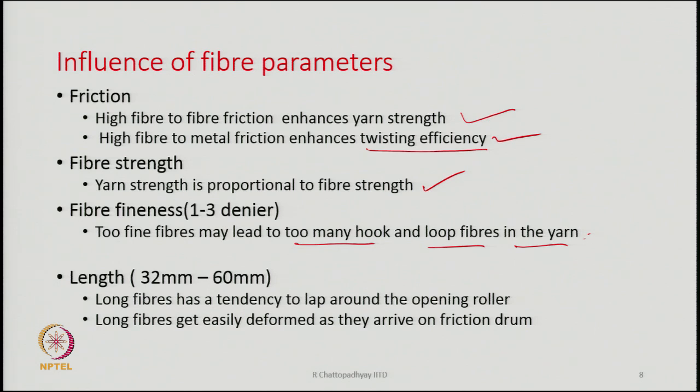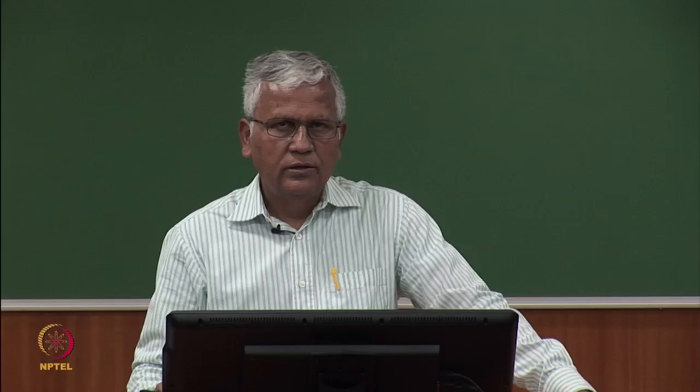Suppose for ring spinning it is around 80, for rotor spinning it will be 120, 130, for friction spinning it will be still more, maybe 160, 180. So, we cannot go for too coarse fibers, as the number of fibers in the cross section will go down, and therefore the cohesion between the fibers will be low and we will not be able to spin the yarn successfully. So, too coarse is not possible.